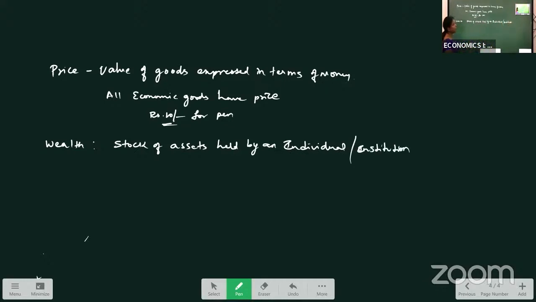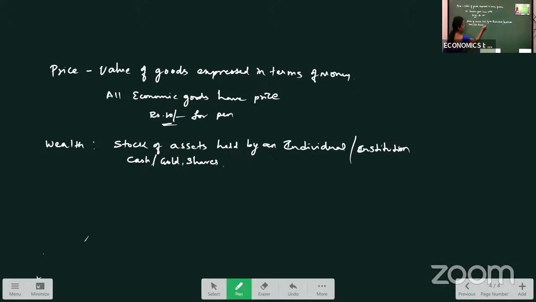This is called wealth, right? It can be cash, gold, shares in companies, or other inventories and so on. So these all come under wealth.